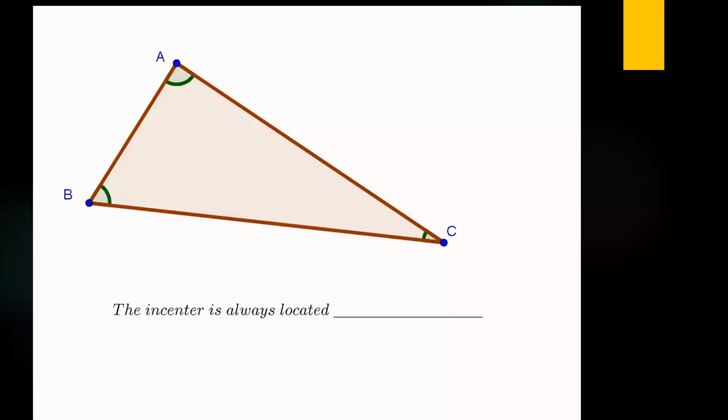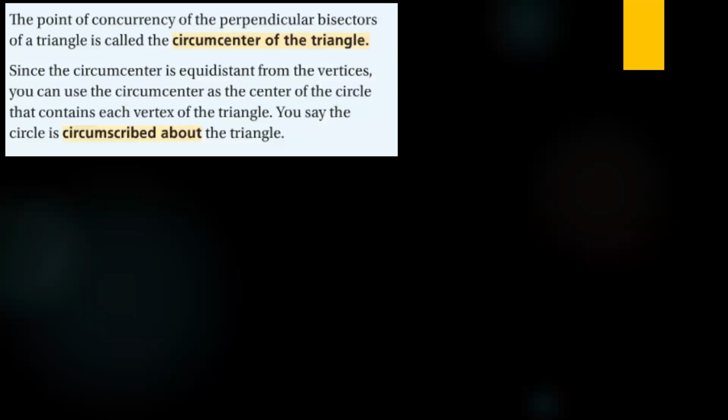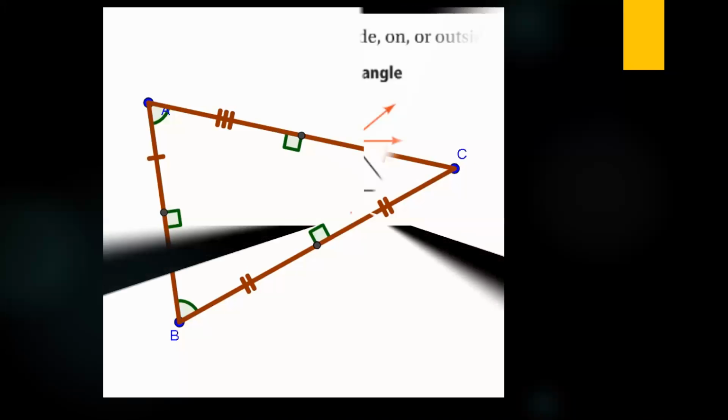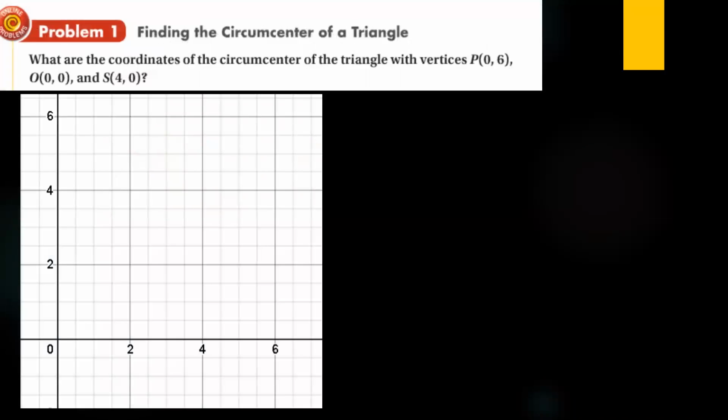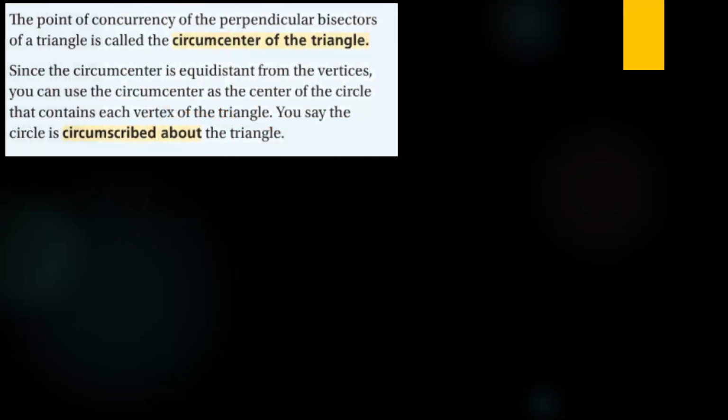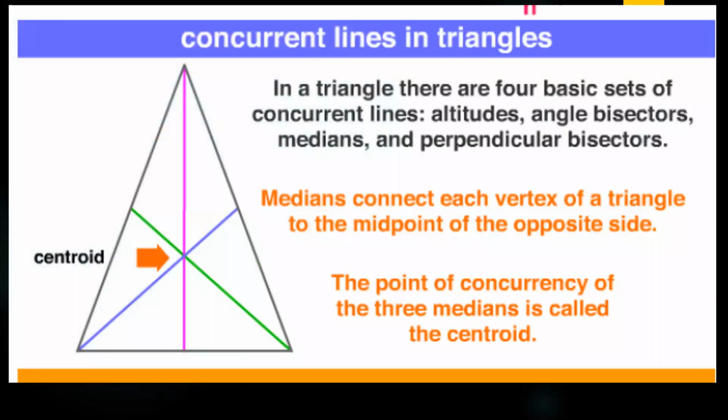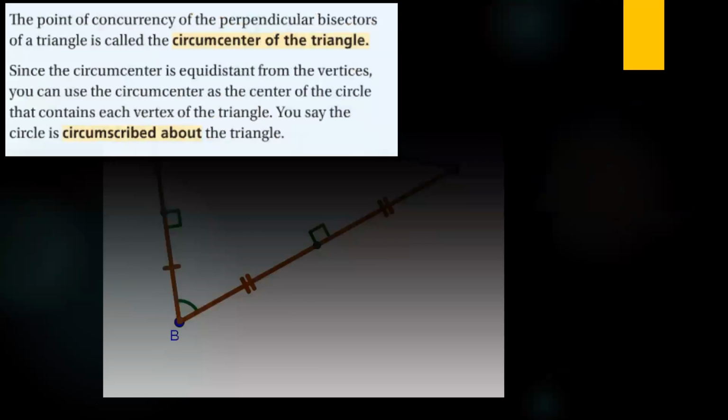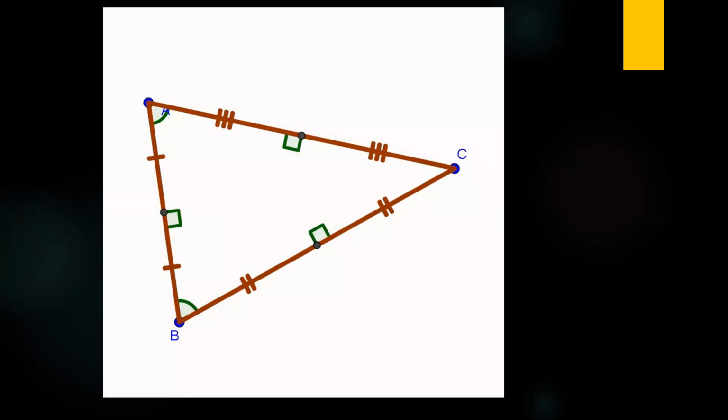Theorem 6 says that the perpendicular bisectors of the sides of a triangle are concurrent at a point equidistant from the vertices. They are different.